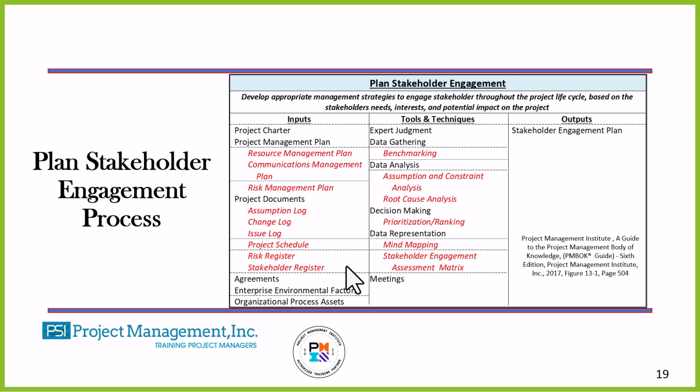Had I really analyzed that stakeholder and understood and taken my biases out of the picture, then I could have probably gone to Minneapolis and talked to him, taken him out to dinner, different things, and gotten him on board with the project. But I chose not to do that. And as a result, I lost that project. So planned stakeholder engagement, analyzing stakeholders, is certainly very critical to your project.